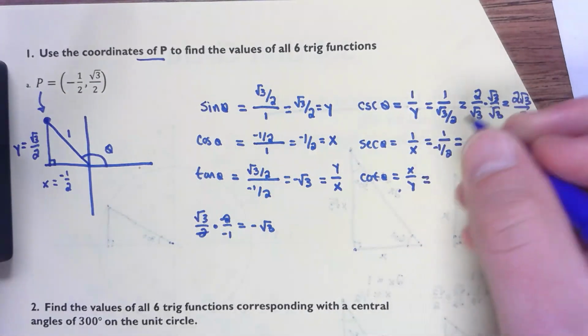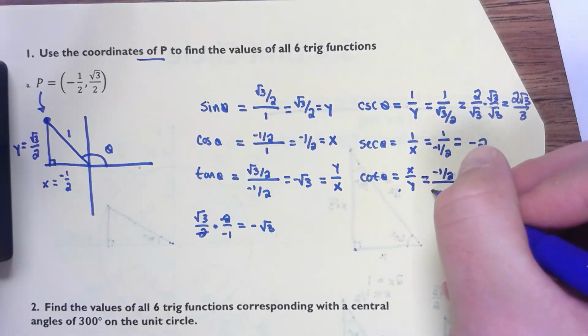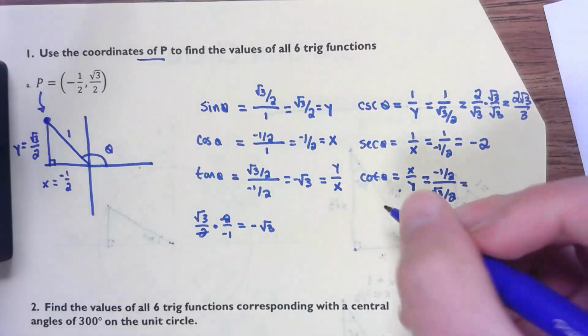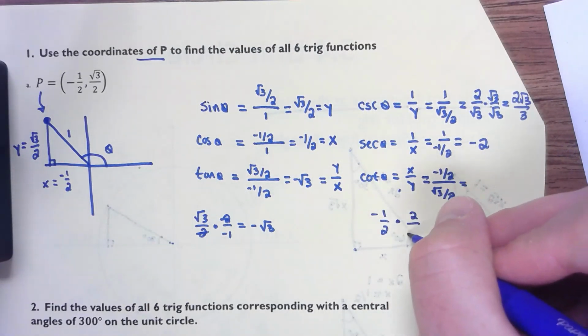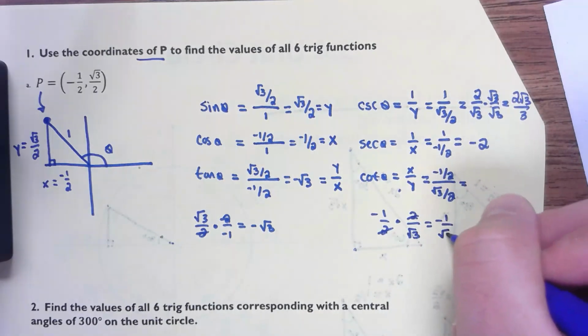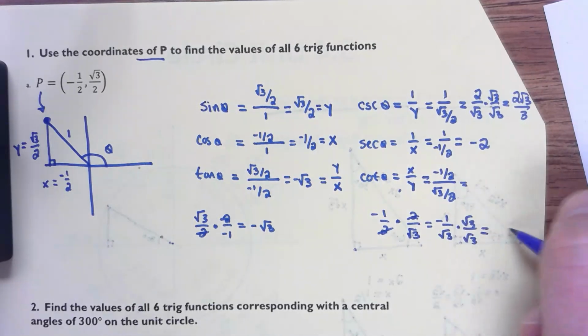And then cotangent is negative 1/2 over root 3 over 2. So to simplify, it's negative 1/2 times the reciprocal, 2 over root 3. So I get negative 1 over root 3, which then needs simplified with root 3 over root 3. So this is negative root 3 over 3.